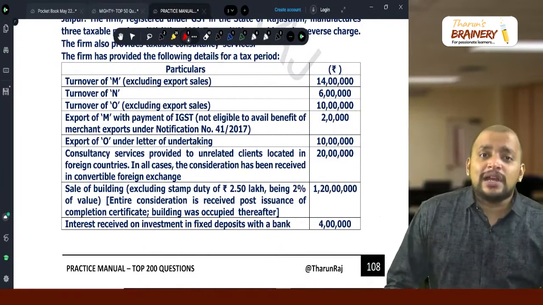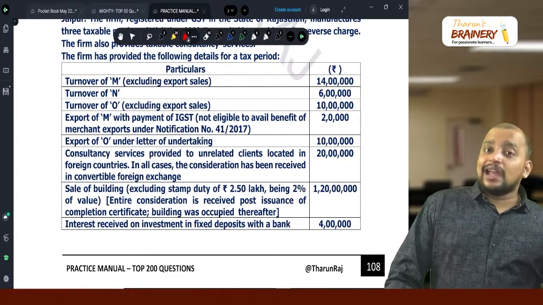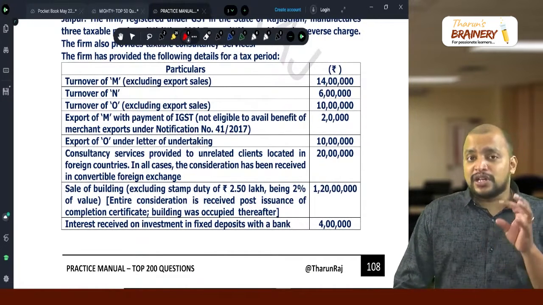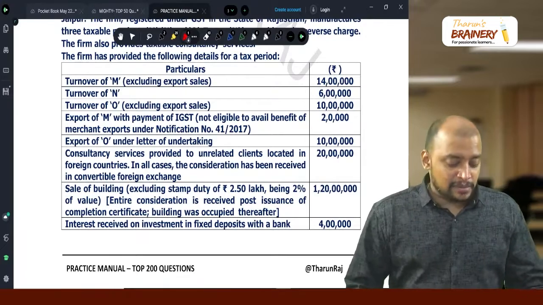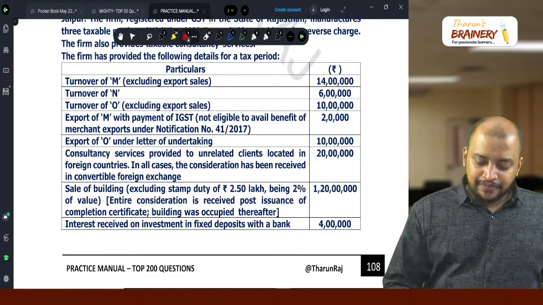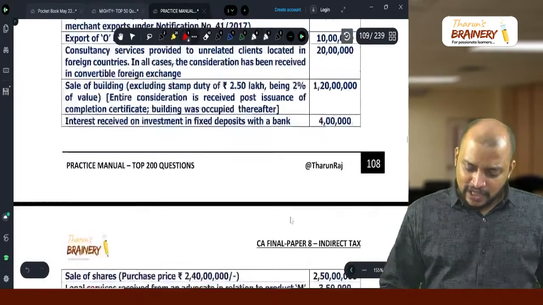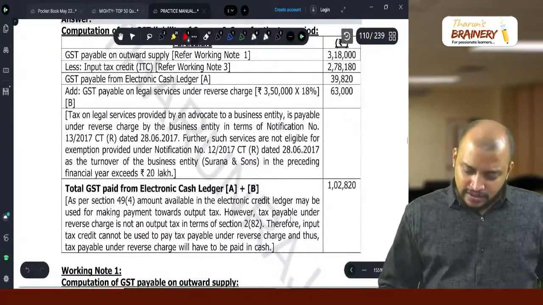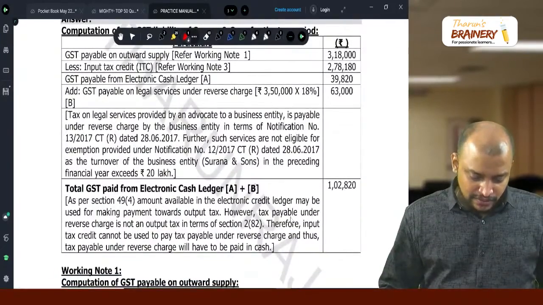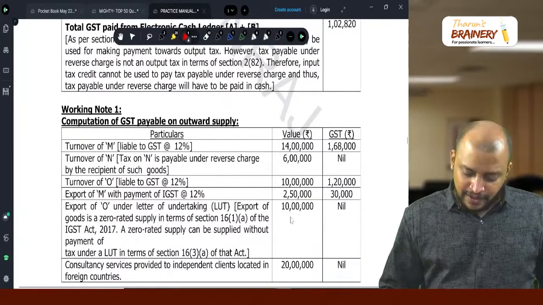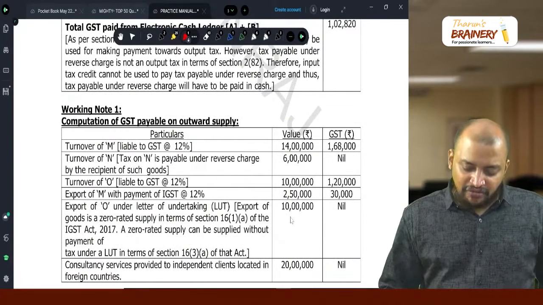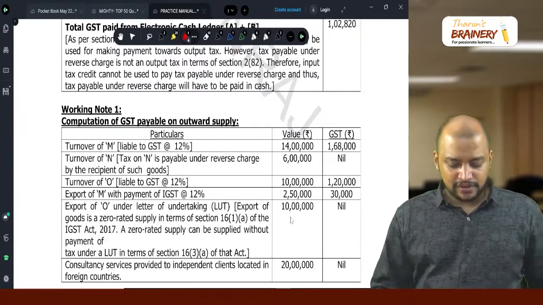In case of zero rated supplies, we can take the ITC. So for ITC computation, it will be treated as taxable. So how much is the value of export of M? It is 2,50,000.